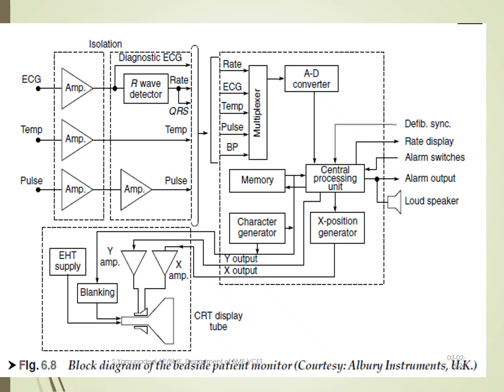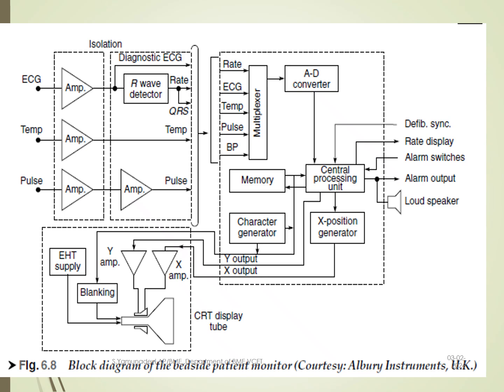And the next section is the logical circuit section. It has a multiplexer. It will give all this input data to the A to D converter. The converter gives its output to the central processing unit that will store the data and retrieve the threshold ranges from the memory.